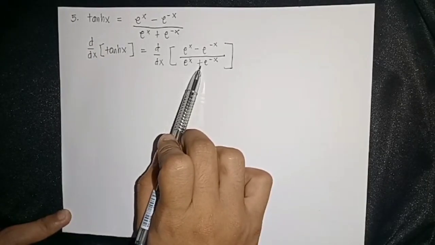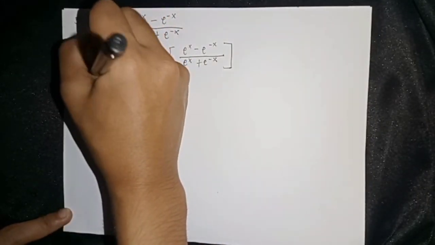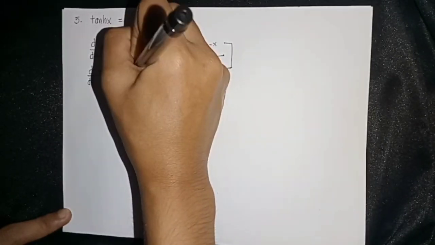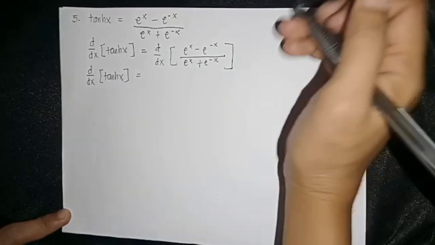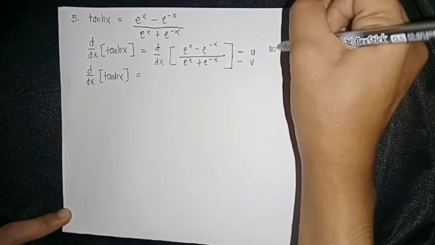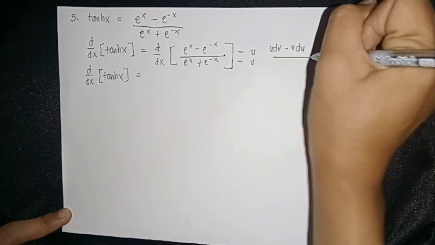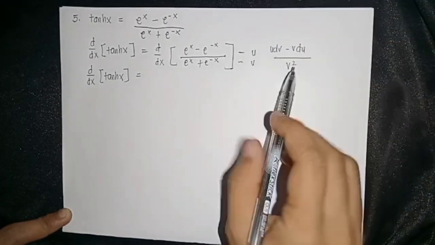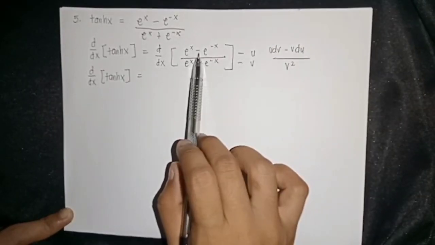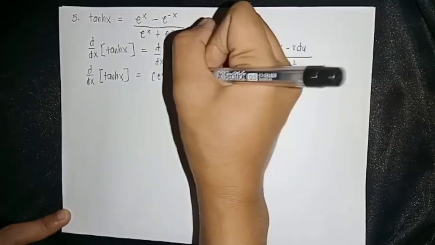Again, as we see in the equation, we will probably need to use the quotient rule formula. We all know the formula, which is v du minus u dv all over v squared. So we have our v, which is e raised to x plus e raised to negative x.